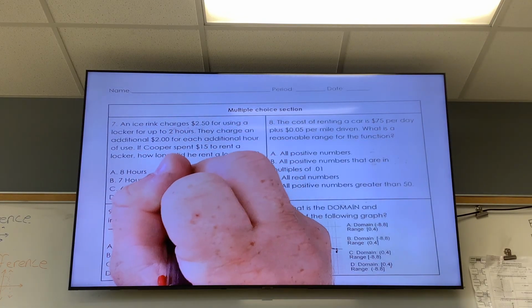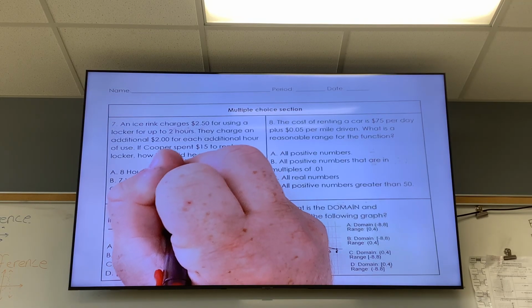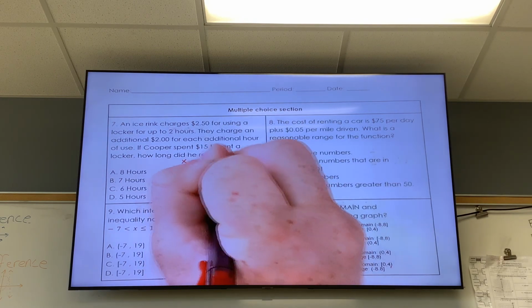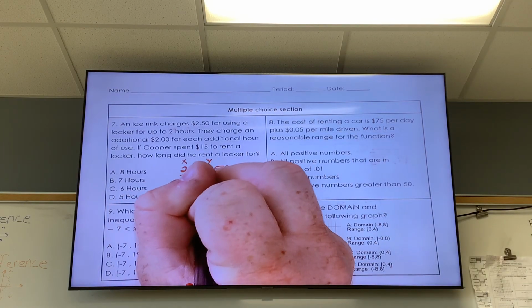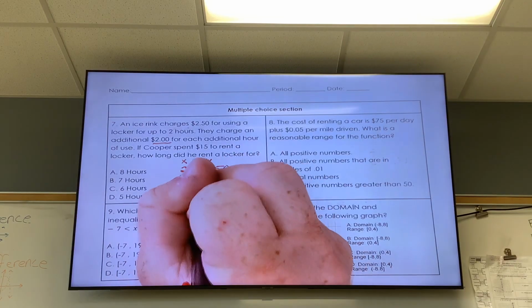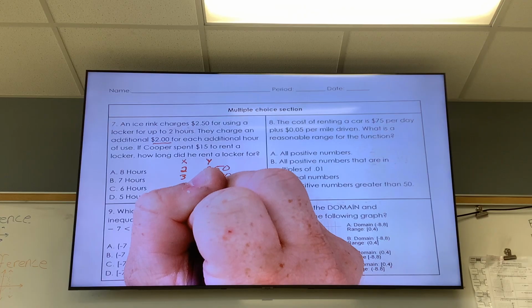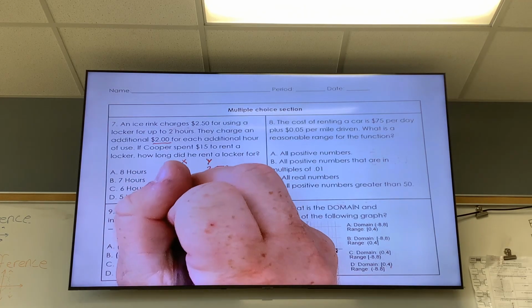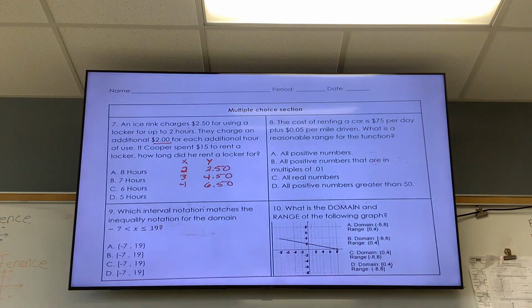For our x values, we have to rent the locker for 2 hours, it costs $250. For the third hour, we add $2 more, so it's $450. Okay, for the fourth hour, we add 2 more, so it's $650.